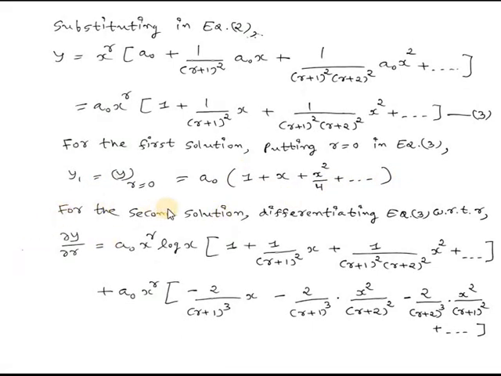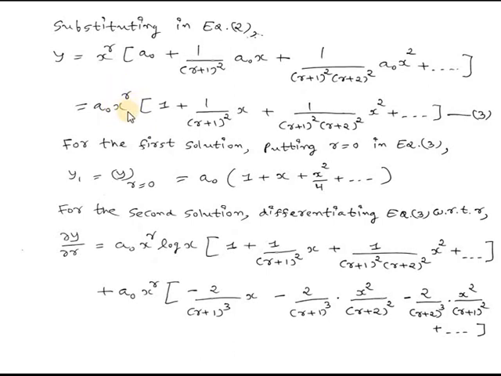Now for the second solution, we have to differentiate equation number 3 with respect to r. So we have to find del y by del r. Differentiating this equation with respect to r, we will get a0 x raised to r log x. Here, using the product rule, first of all taking the derivative of x raised to r.